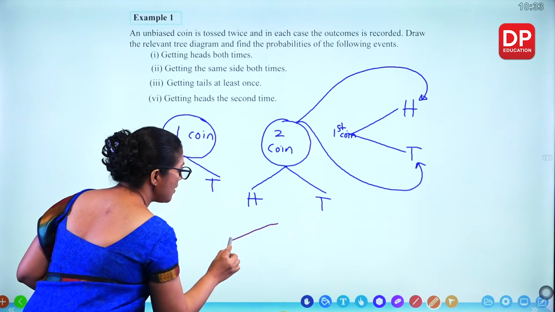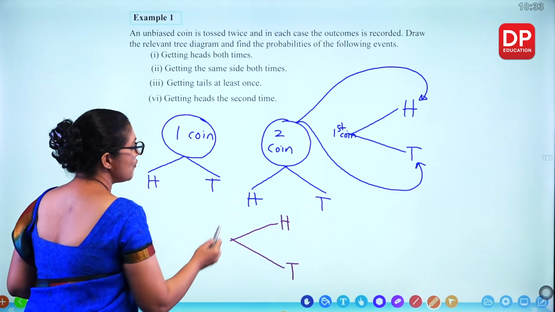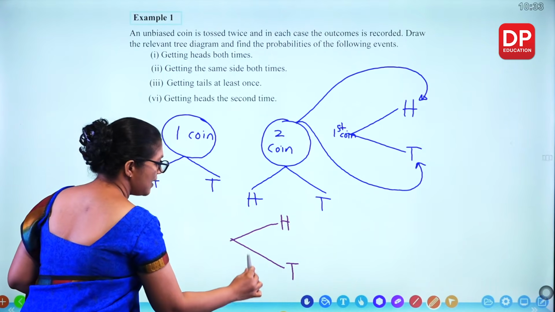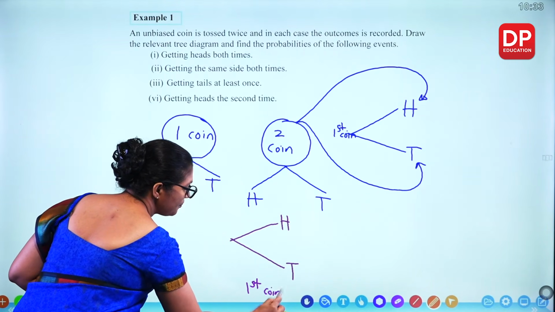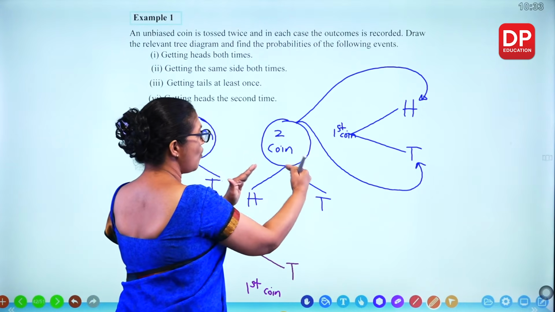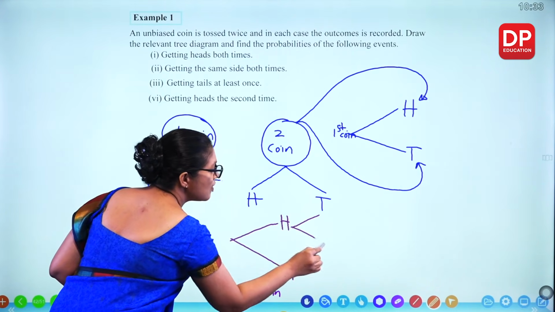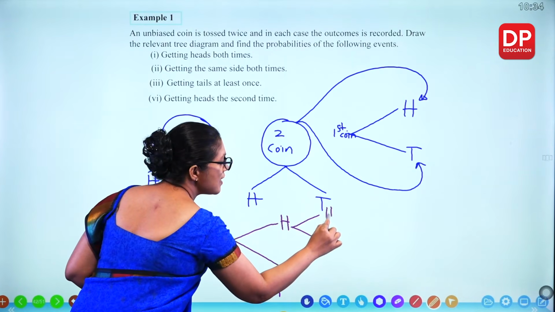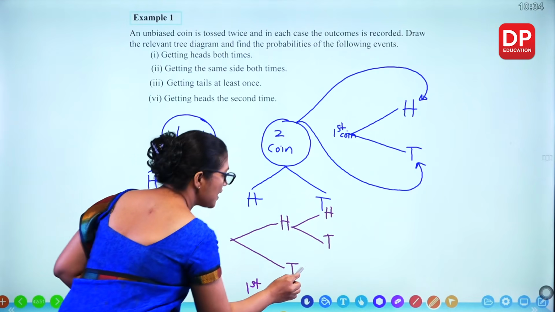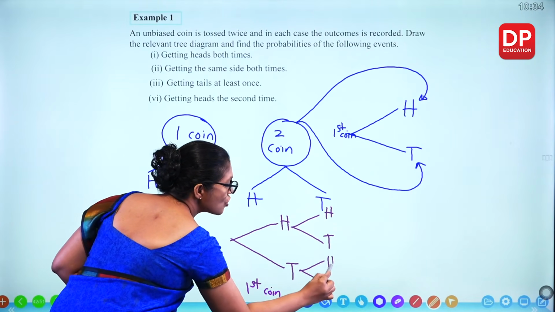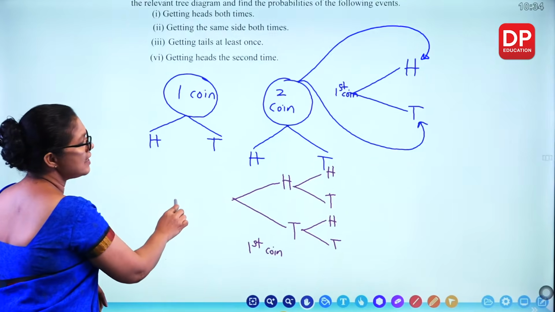So first one, you get head, tail. We can write the label somewhere here, first coin. Then when you connect the whole thing here, you get another 2 branches, H, T. And the same thing when you plug here, you get H, T here as well.